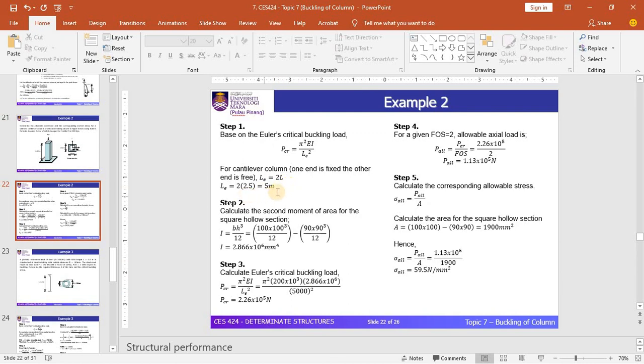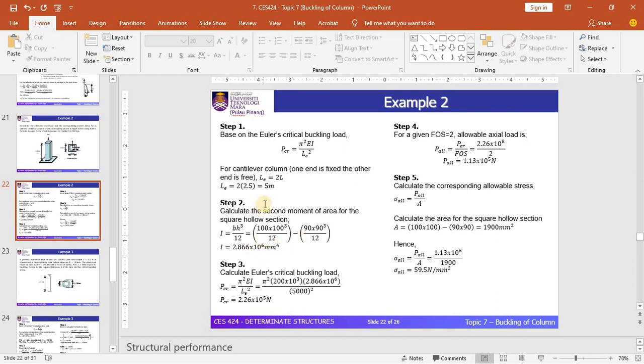The length of the column is 2.5, so the LE is equal to 5 meters. The I must be based on the square hollow section, which you can see in detail in this step, and the value is equal to 2.866 times 10 to the power of 6.